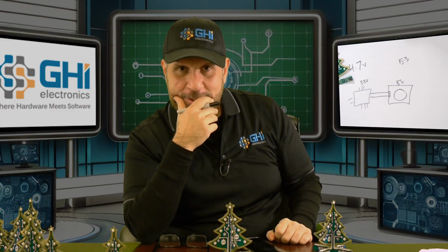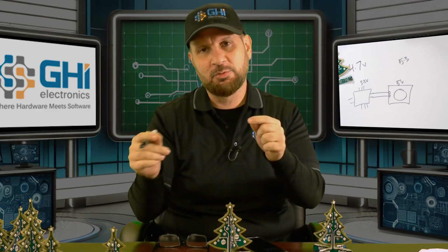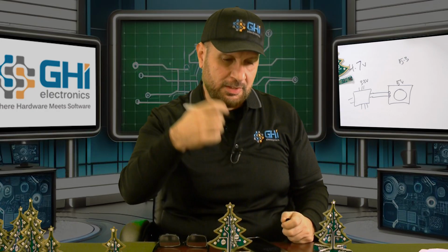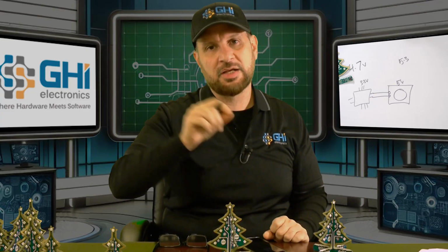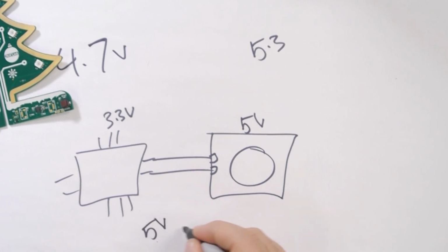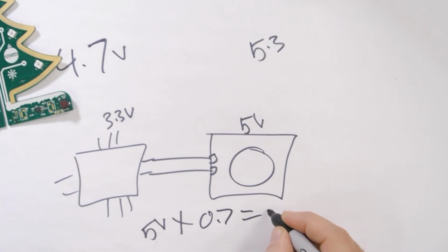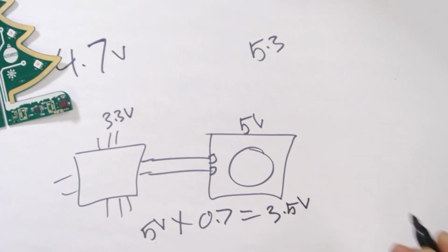Then I'm like, well, hold on a second. Let me go back to the usual: circuits that are not compatible with every voltage typically expect a high level of the source times 0.7. If we do 5 volts times 0.7, this gives us 3.5 volts.